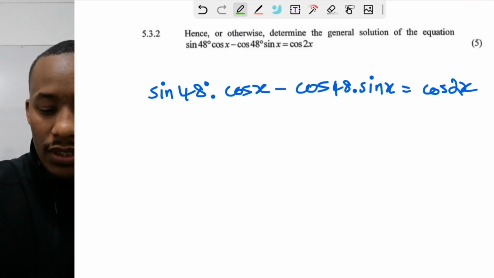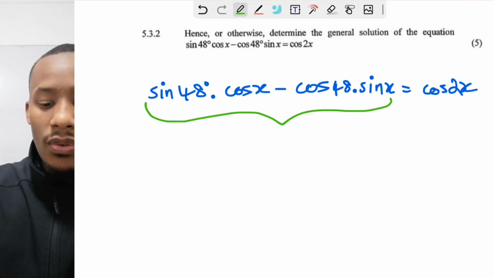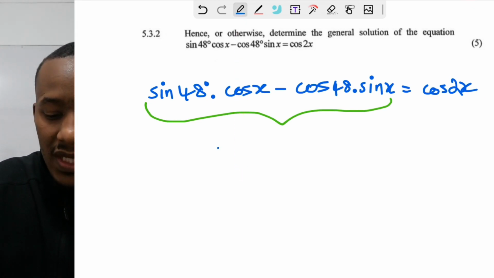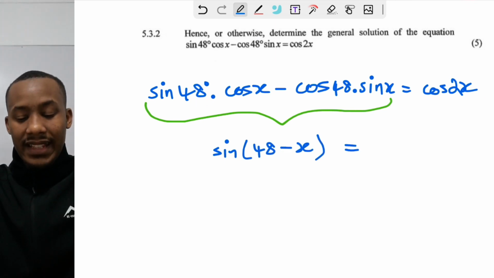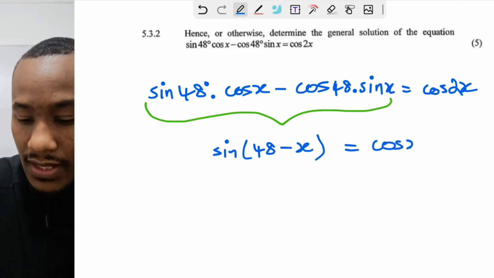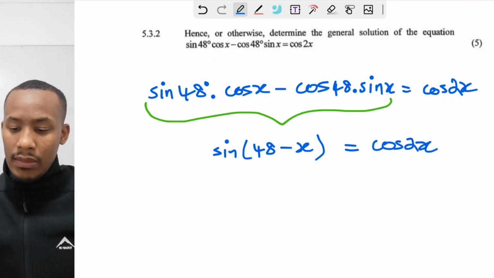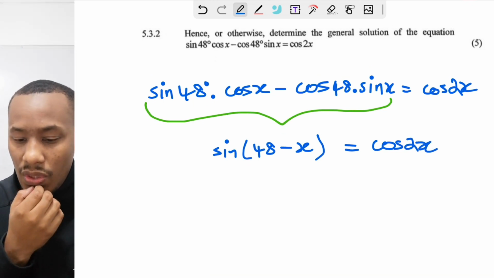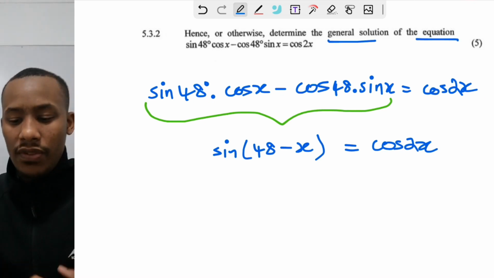Using that compound angle identity of earlier, we can reduce this down to sine 48 minus x. That whole thing gets reduced to sine 48 minus x. Now, I need to solve x. I guess that's the question here, right? Determine the general solution of the equation.